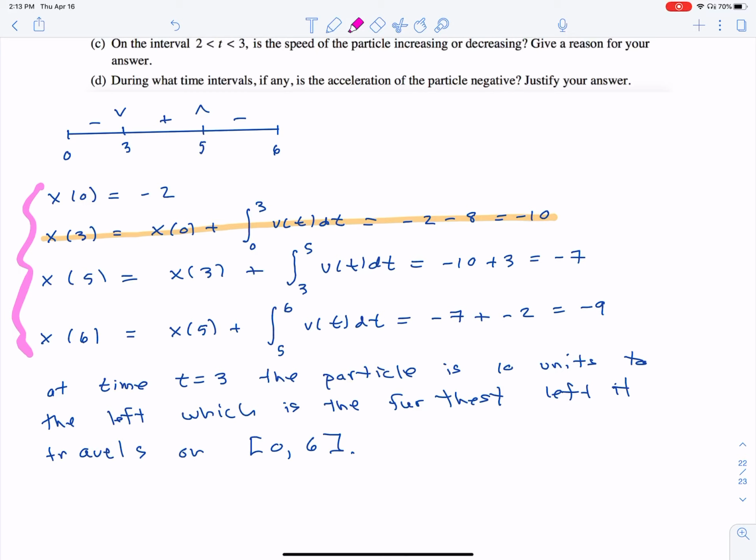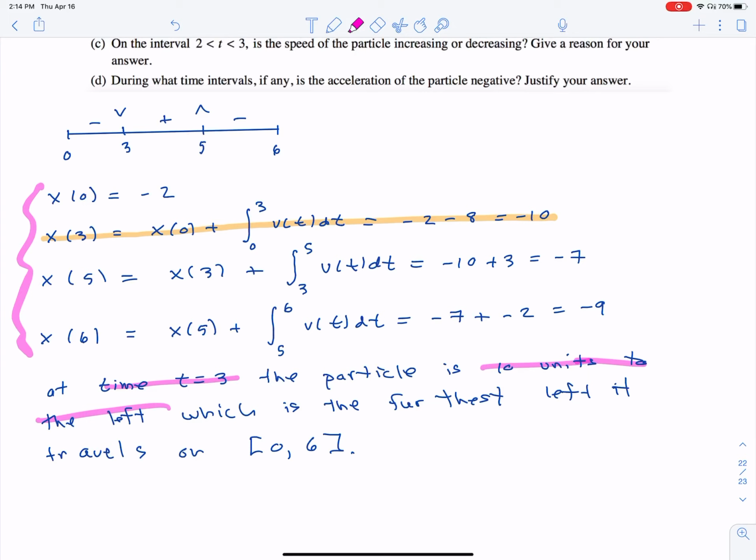They wanted both a time and a distance. My time was time 3. My distance was 10 units to the left. So important things here: one is that I indicate the time, and then I show that I recognize that because it's negative, it's to the left this number of units. Those are important pieces there.